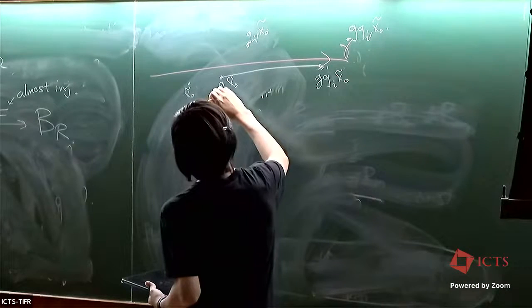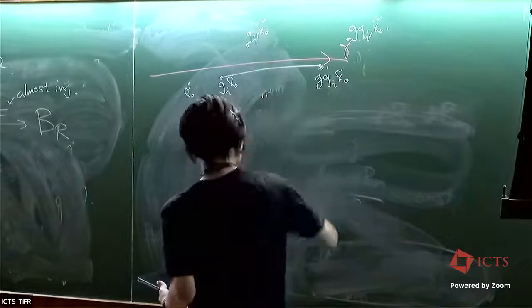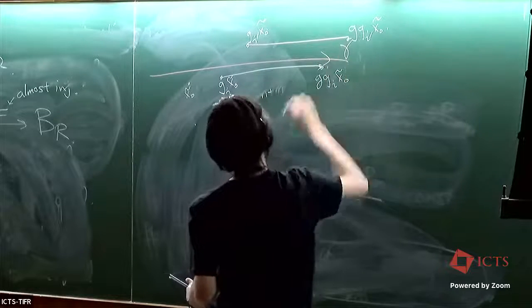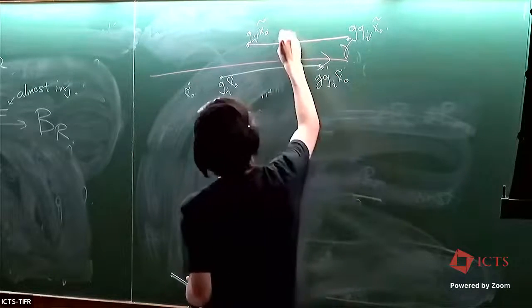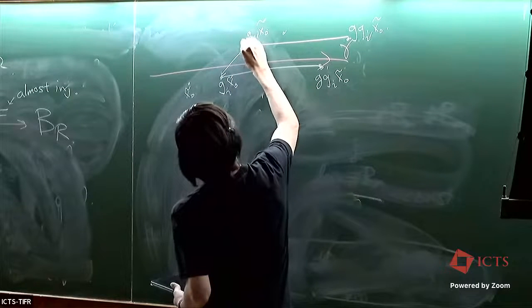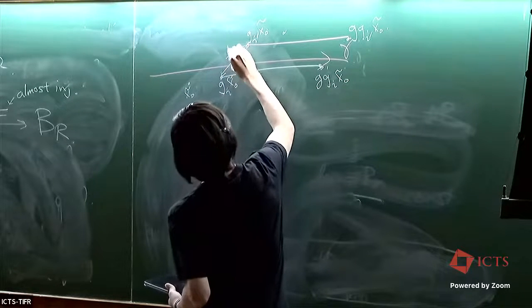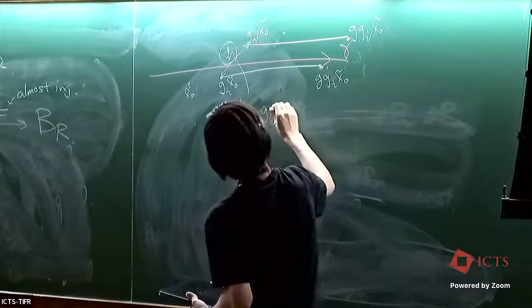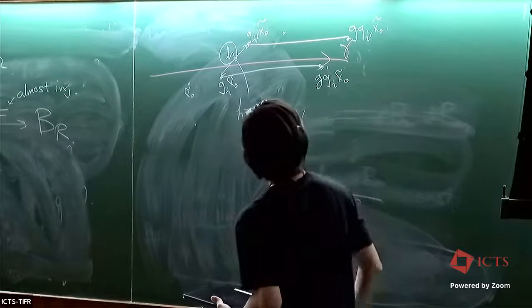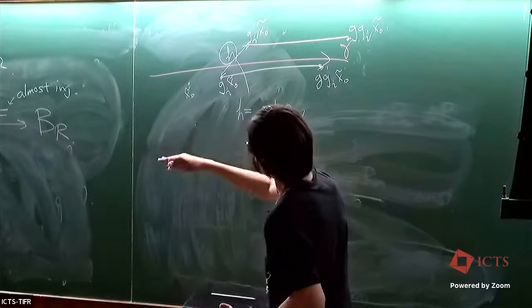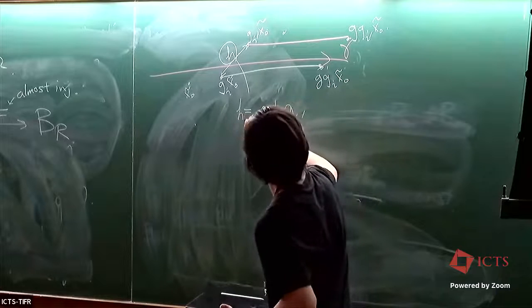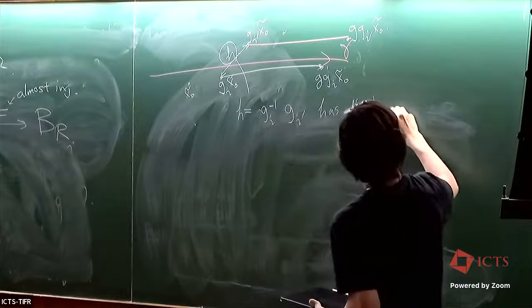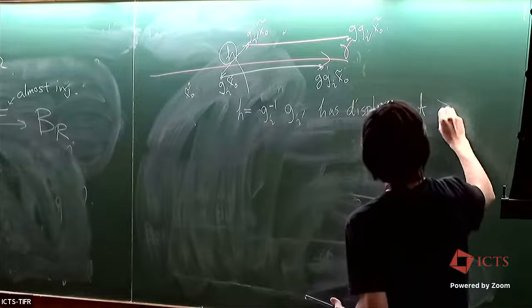So what do we get? If I see this geodesic, let's fix this element as h. h is g_i inverse g_i prime. Because of this assumption, this has displacement at least m.